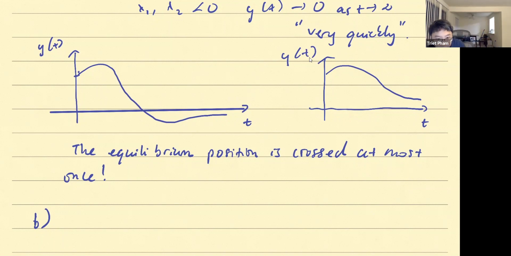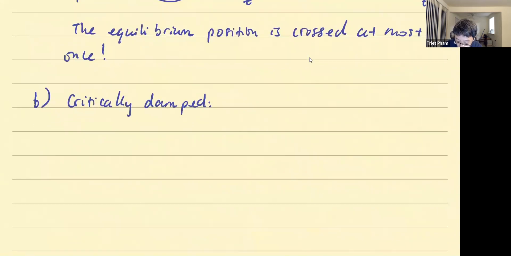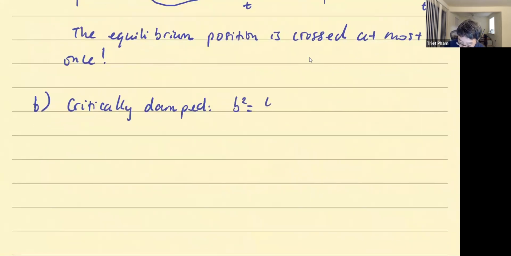So the second case is called critical damping. This is where that thing is 0, b squared equals 4km. Here you have the repeated root minus b over 2m, lambda 1 equals lambda 2.